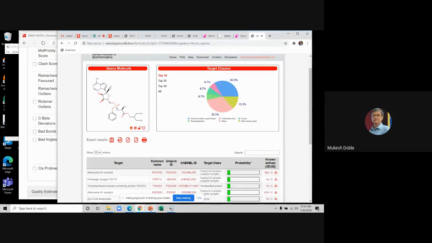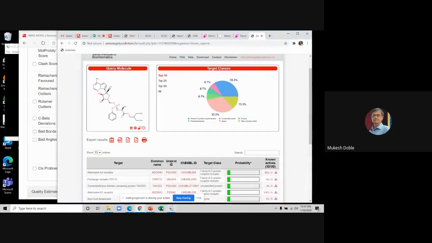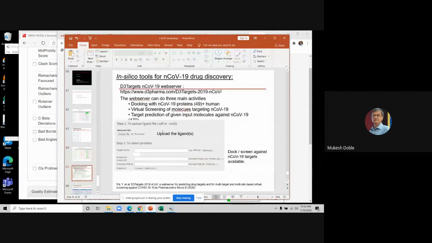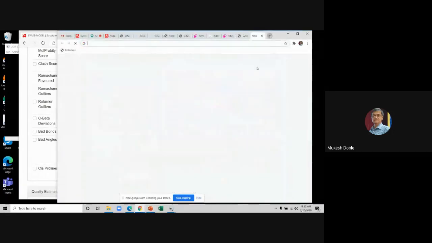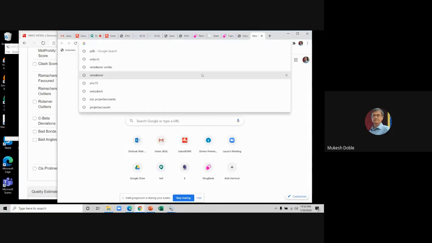There is another resource that's meant only for COVID. It has come up recently. Given a molecule, it can try to predict possible targets by binding it to various targets, and then it will arrange them in that order.